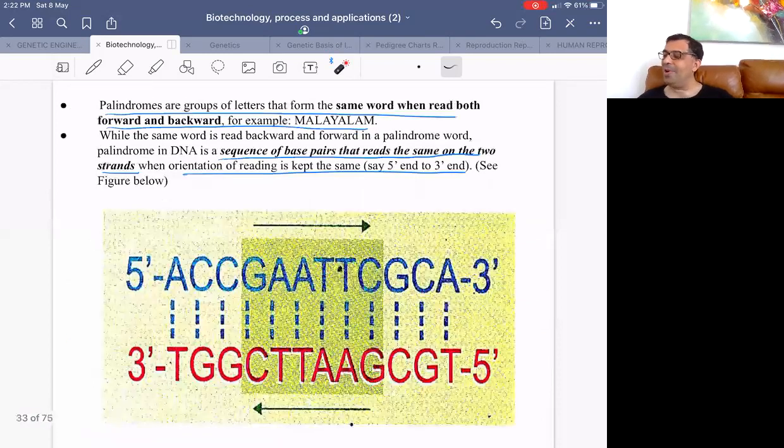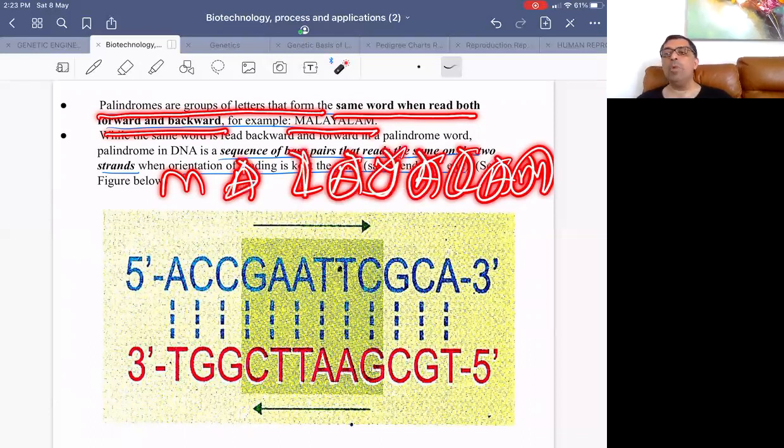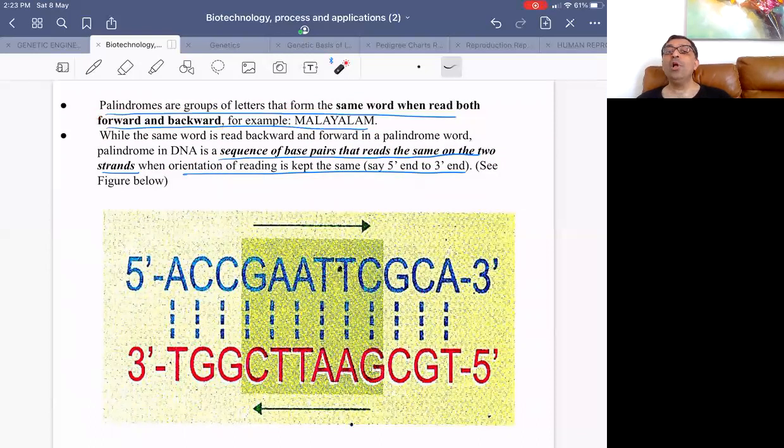What do you mean by this? Suppose palindromes are groups of letters read forward and backward the same. For example, Malayalam. MALAYALAM. If we reverse it, it is again MALAYALAM, the same in reverse. And that is a palindrome. So check it carefully.